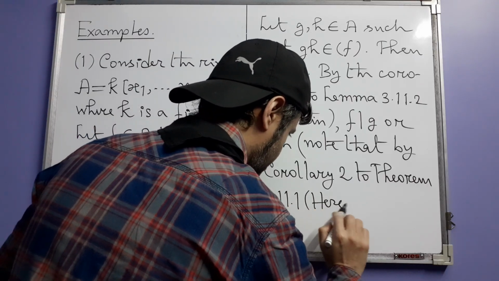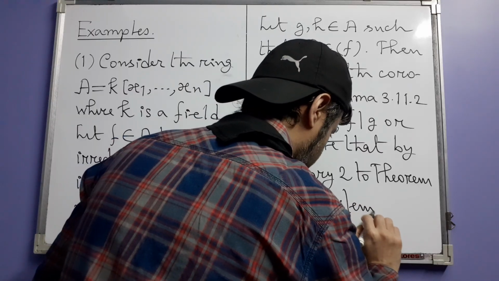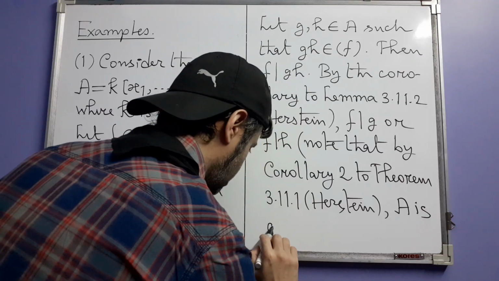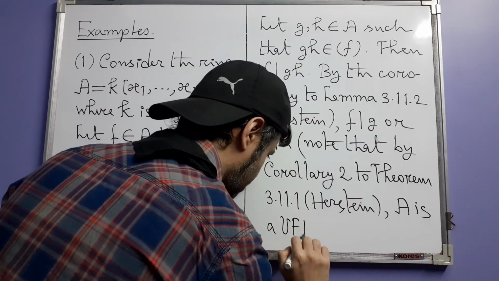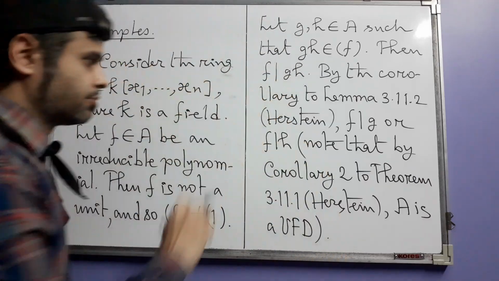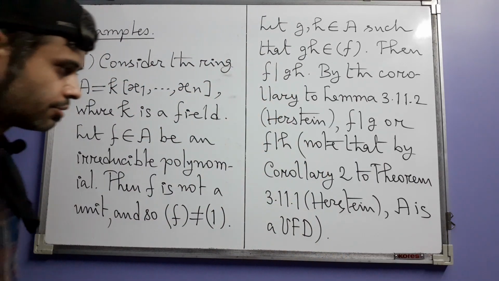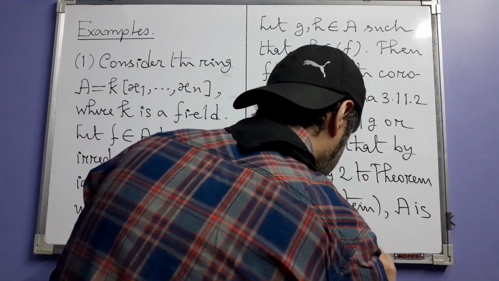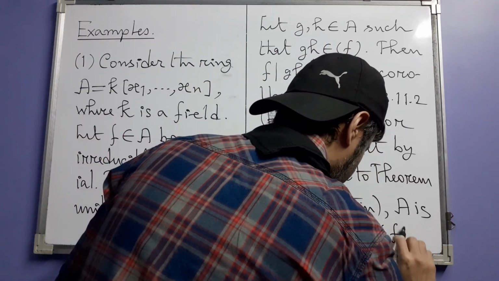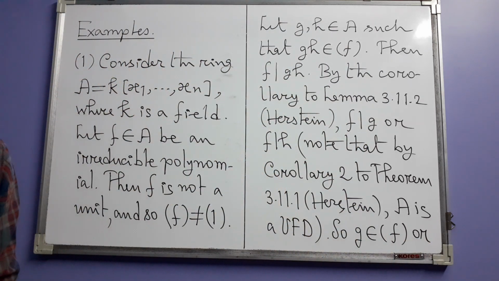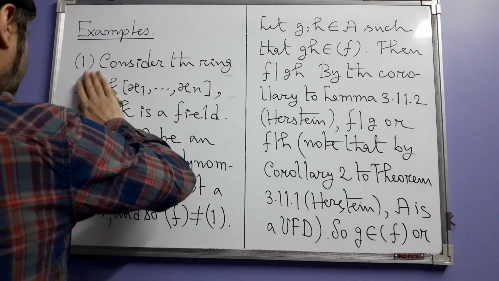Okay, so that's why we are able to have this. So if this is true, then G belongs to this principal ideal, or if this is true, then H belongs to the principal ideal. So, the principal ideal is prime.